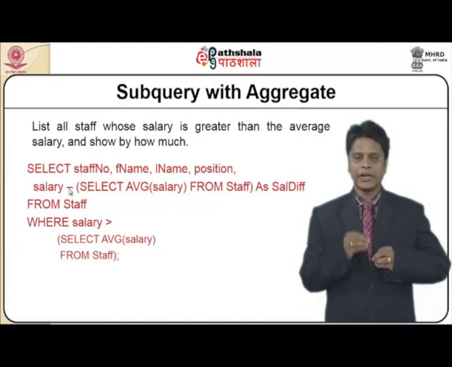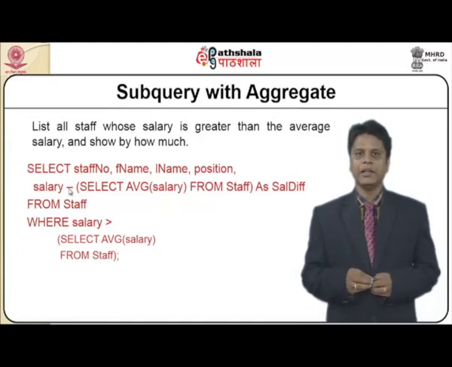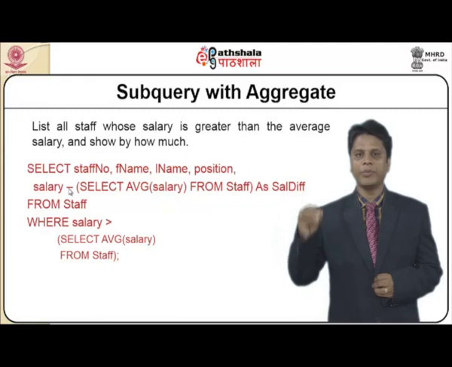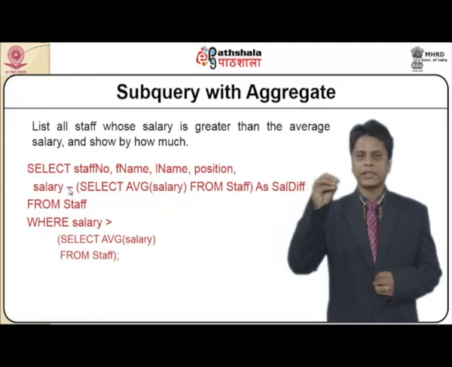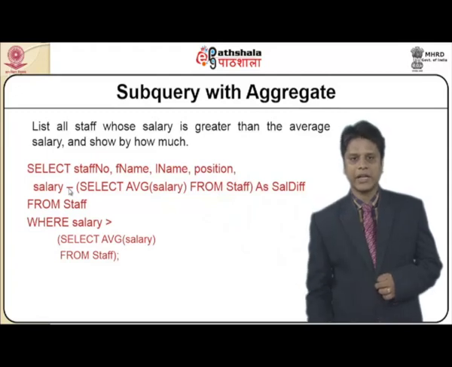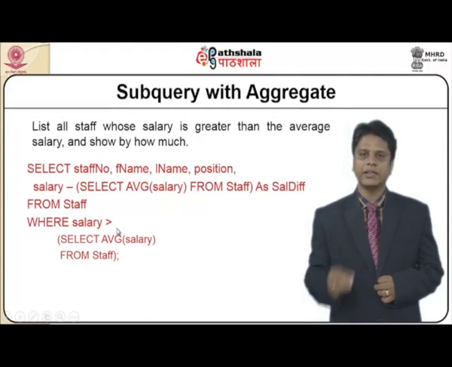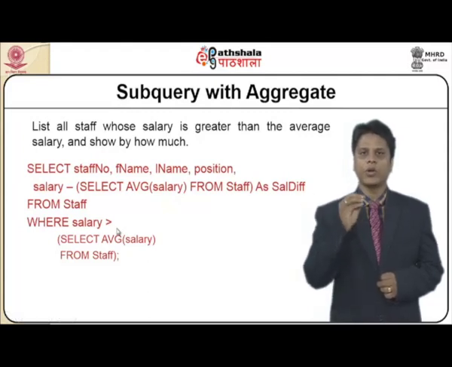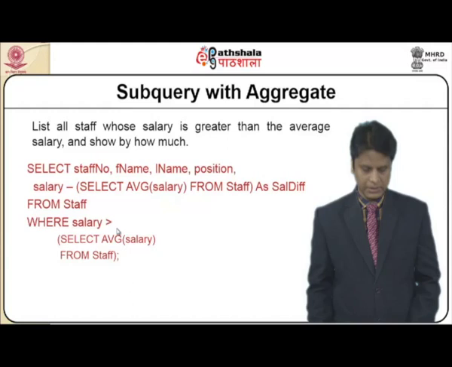People who are getting a salary of 9,000 when the average salary of the entire table is 17,000, 9,000 minus 17,000 would fetch a negative value. So for those reasons, I am projecting this as anybody with a salary greater than the average salary alone will be considered for this query.